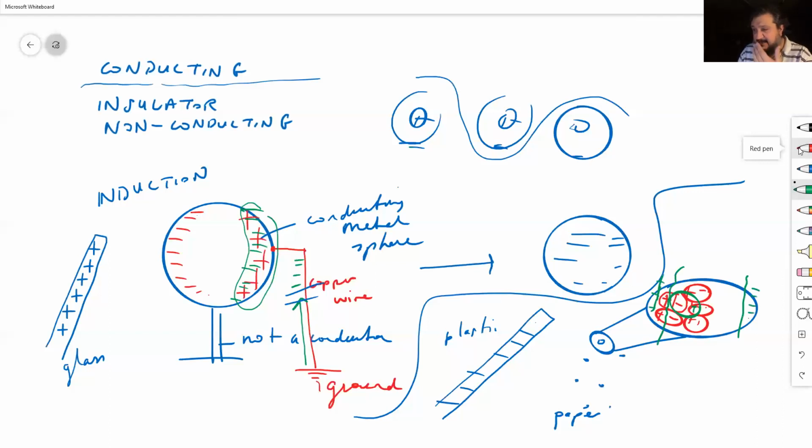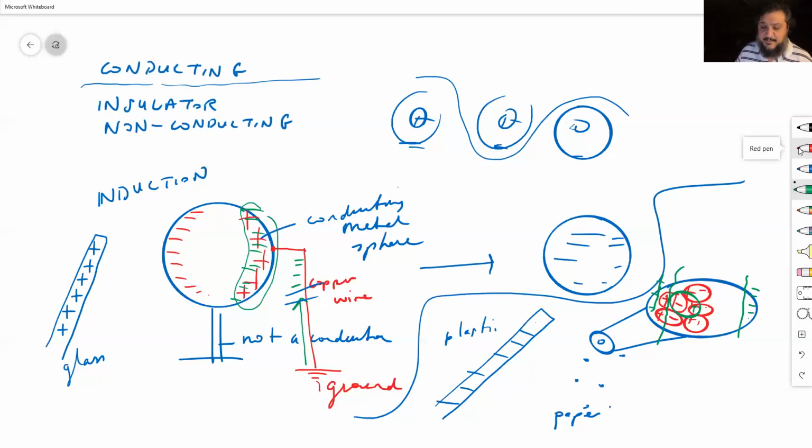So that's why this piece would be attracted to the plastic. It's not really charged, but within the object, those little domains orient themselves so that you have a positive charge on the side of the object that faces the negatively charged object.